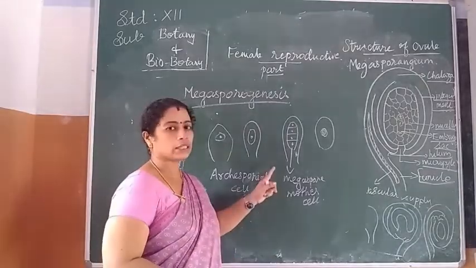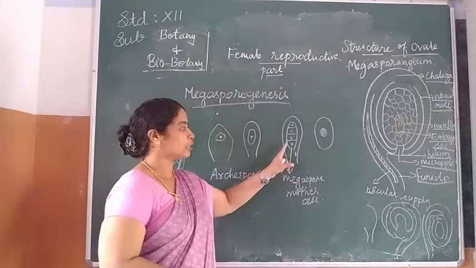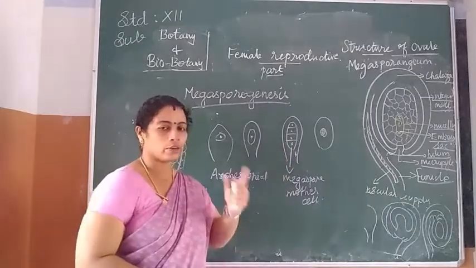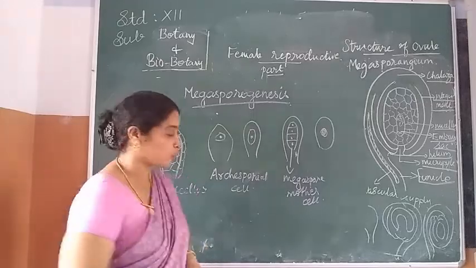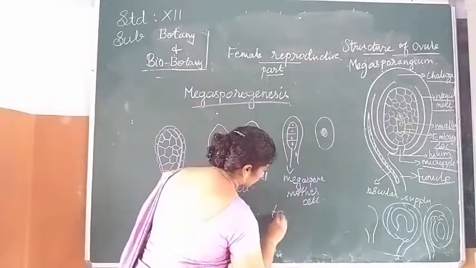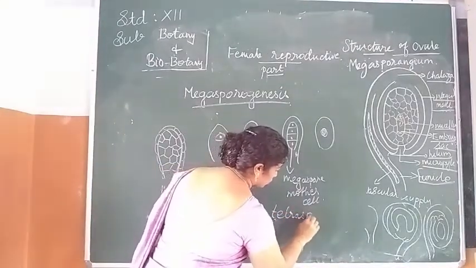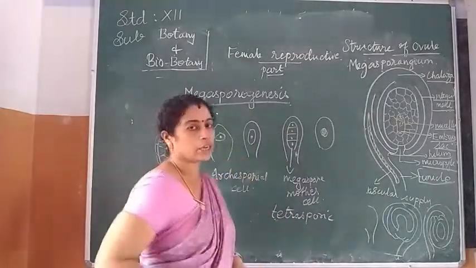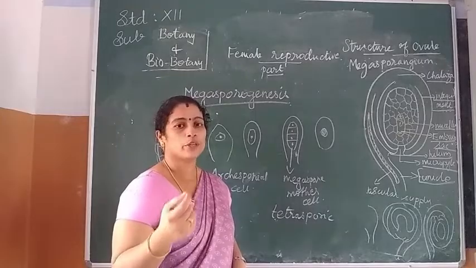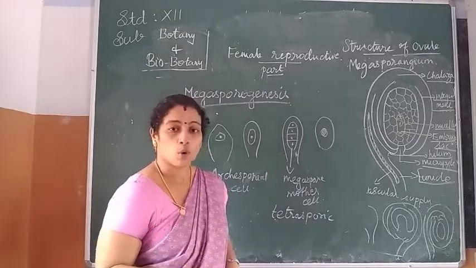If all the 4 megaspores are involved in the formation of the embryo sac, it is said to be tetrasporic. If only one megaspore is involved in the formation of the embryo sac, it is said to be monosporic.